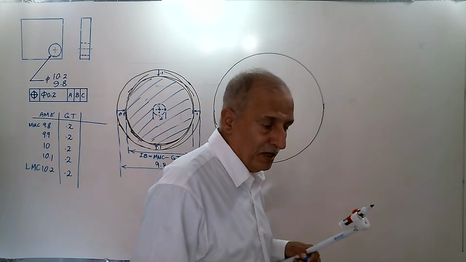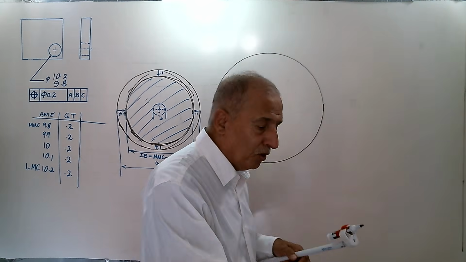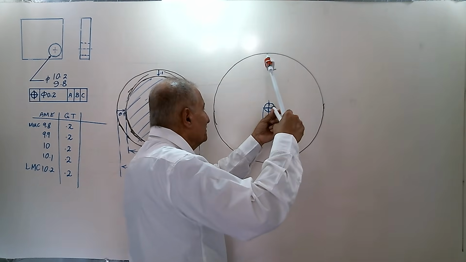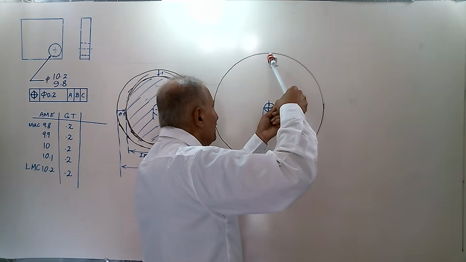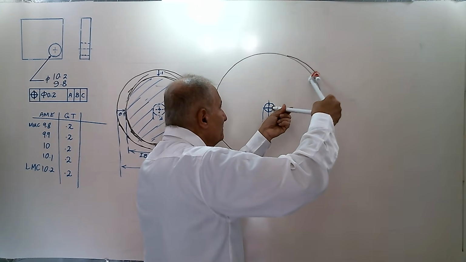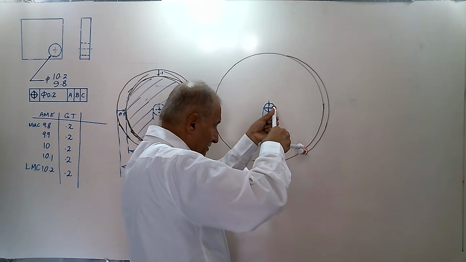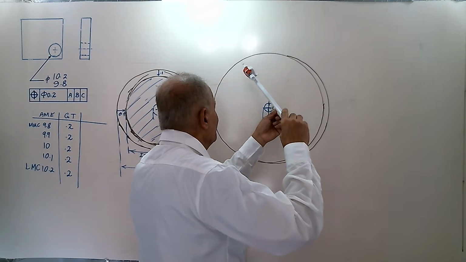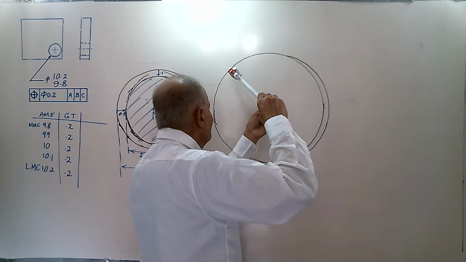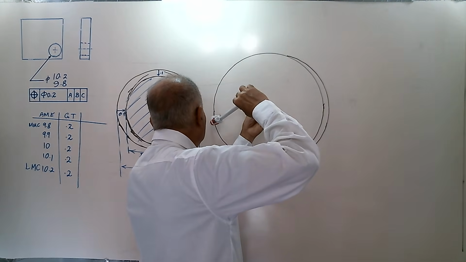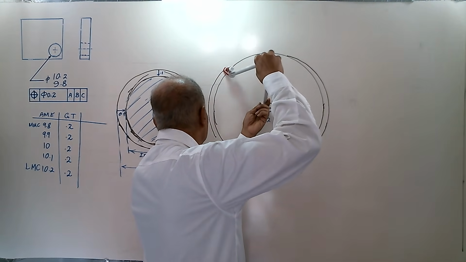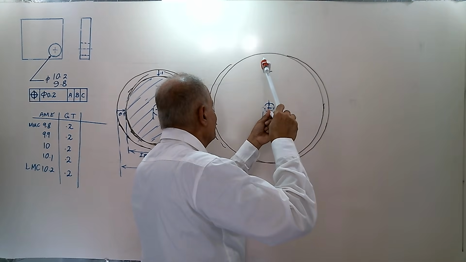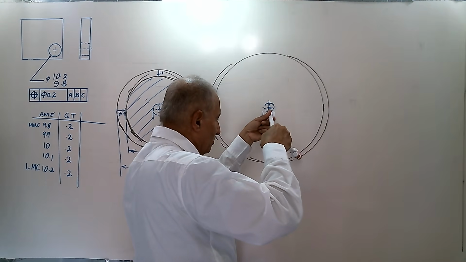What does it mean? It means again, the hole, instead of at this position, if we consider the center here, the hole will be here. I didn't draw the rest of the hole. Or if the center is here, the hole will be here. If the center is down, the hole will be here.